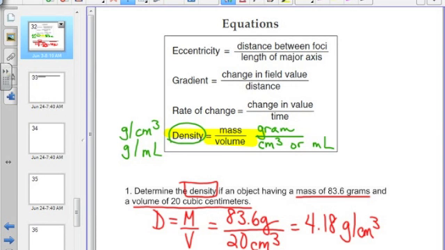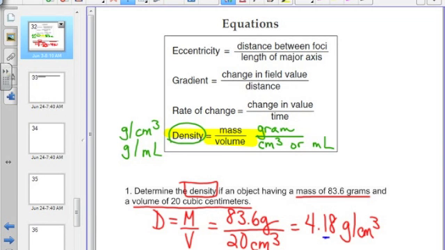And unless you're told to do otherwise, the standard is to round to the tenth. The tenth place is one place to the right of the decimal. So that means that I need to look at what is in the second place to the right of the decimal to decide what to do.